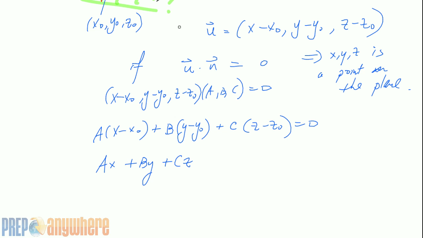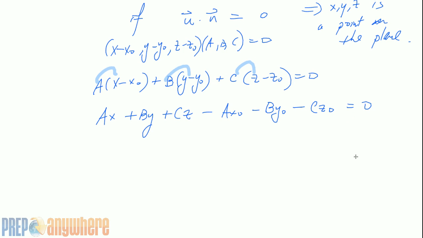I'm doing the distribution of this, this, and that first. And then I'm going to have minus AX0, minus BY0, and minus CZ0. Okay. This is a constant, agreed? It's a constant. So I'm going to call all of this D.